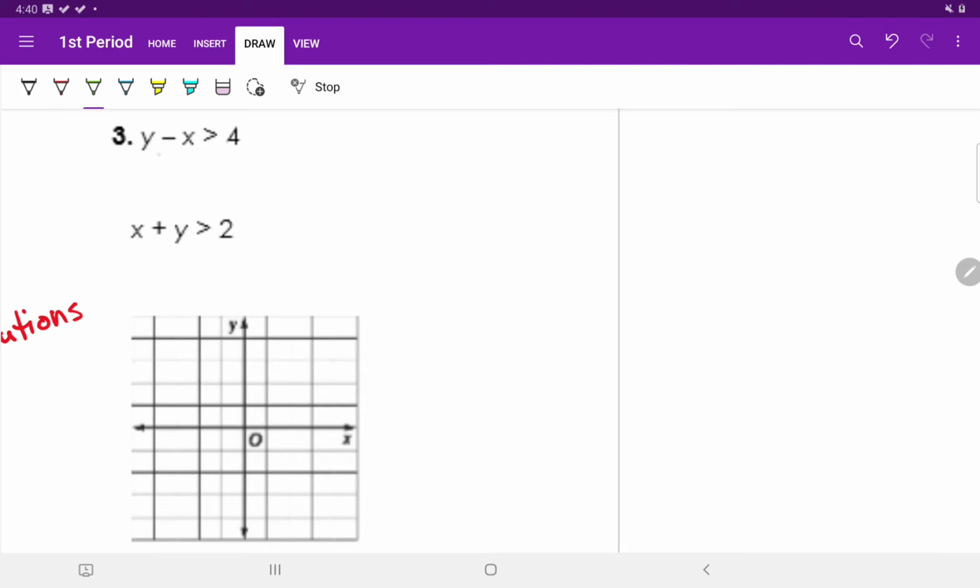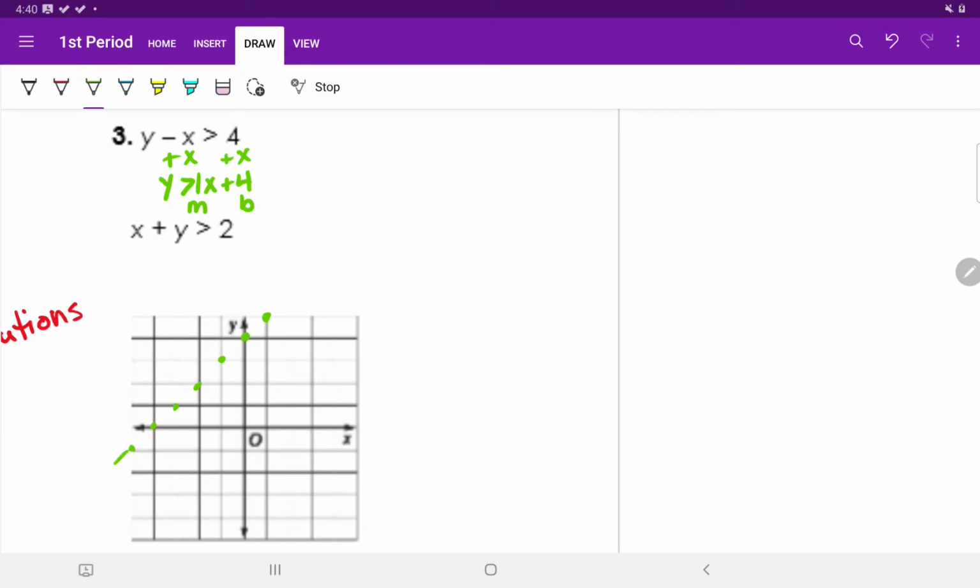For number 3, we need to start by adding x to both sides. That way we can get y by itself on the left. And I'll throw a 1 here so we can see our m is 1 and our b is 4. So we'll start by plotting b, our y-intercept, and then we'll use our slope to go up 1 and right 1 and continue the pattern in the other direction as well.